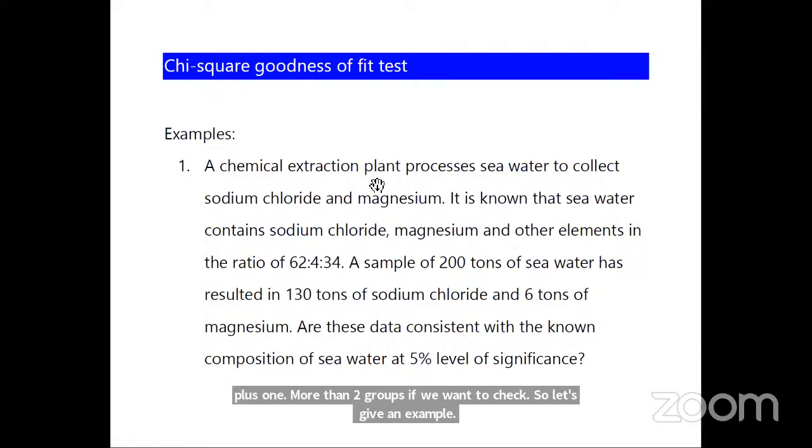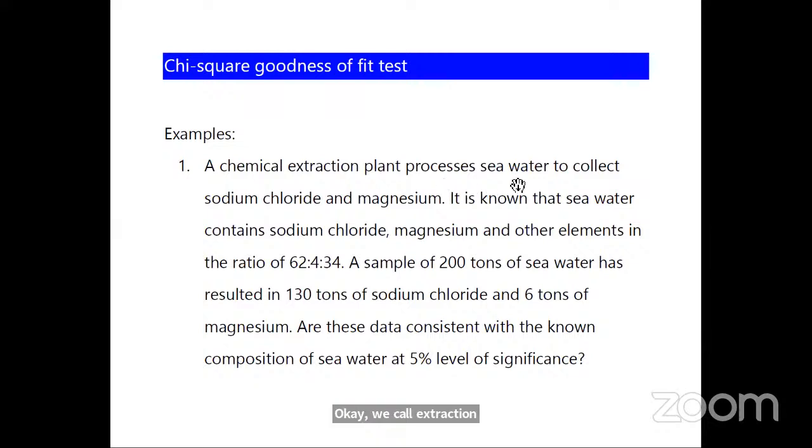A chemical extraction plant processes seawater to collect sodium chloride and magnesium. This is a science stream example, but we will discuss some examples from your stream also, no problem. It is known that seawater contains sodium chloride, magnesium, and other elements in the ratio of 62:4:34.